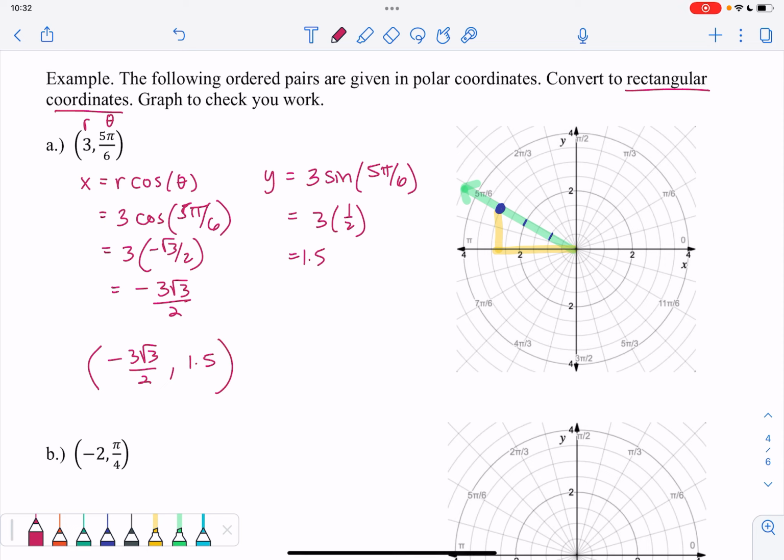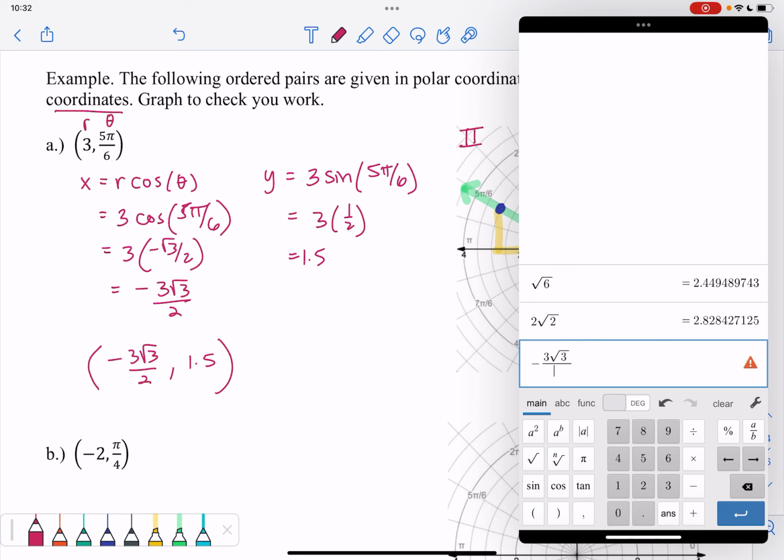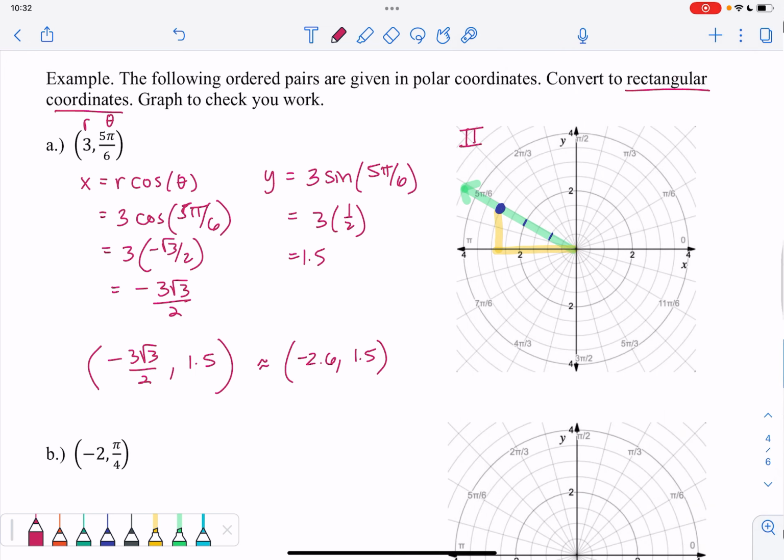This is looking good for being in quadrant 2 because I have a negative x value and a positive y value. Let's look at what is negative 3 root 3 divided by 2, because I want to approximate this. So this is approximately negative 2.6 comma 1.5. All right, let's try to graph that and make sure.